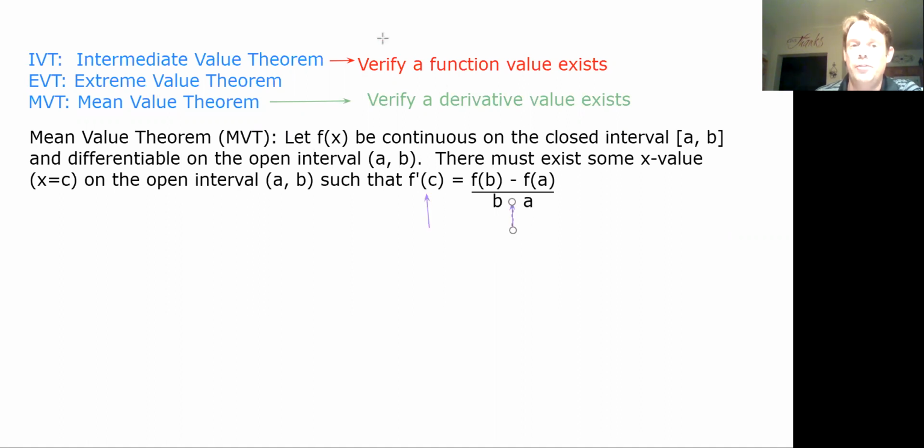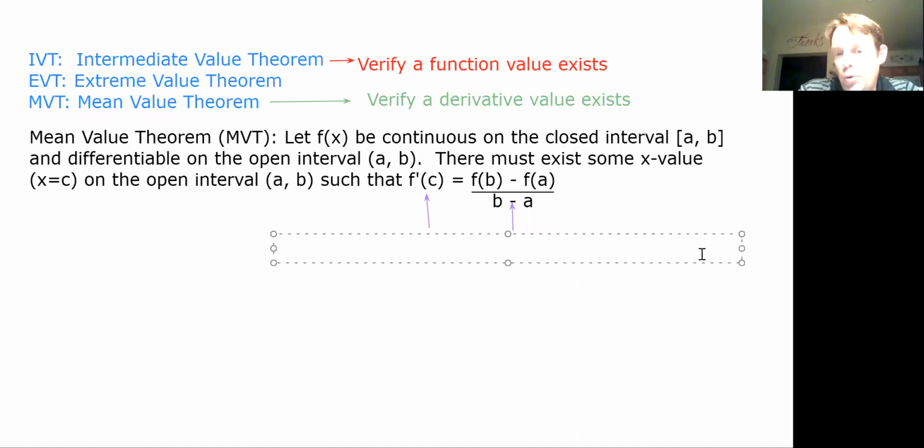We say that a derivative is instantaneous rate of change, and a slope is average rate of change. So in other words, what this is saying is that somewhere on that interval, the instantaneous rate of change equals the average rate of change.